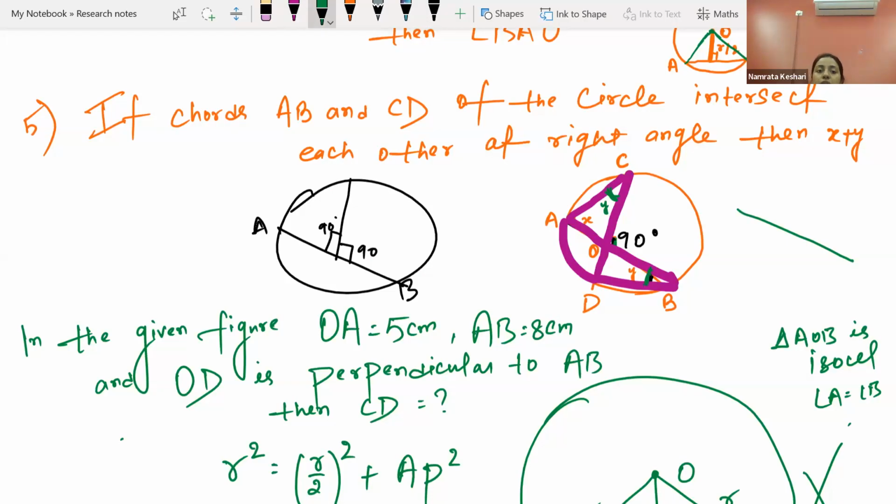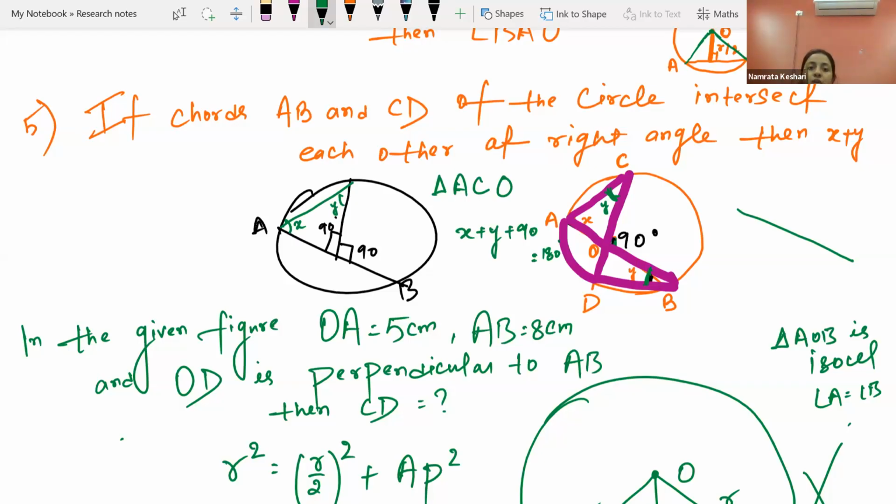Then we can see that this is x, this is y, by angle sum property in triangle ACO, x plus y plus 90 is equal to 180. Yes or no? Yes, ma'am. And from there directly we are getting x plus y as 90, right?